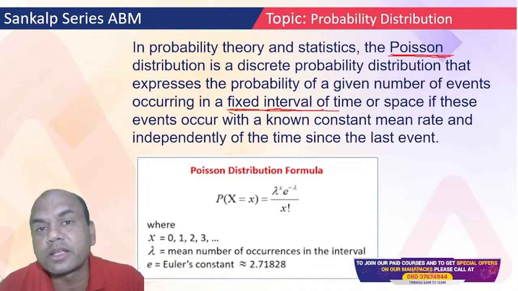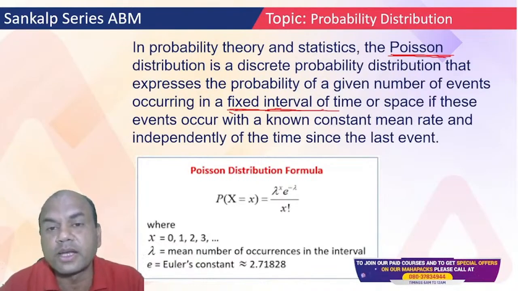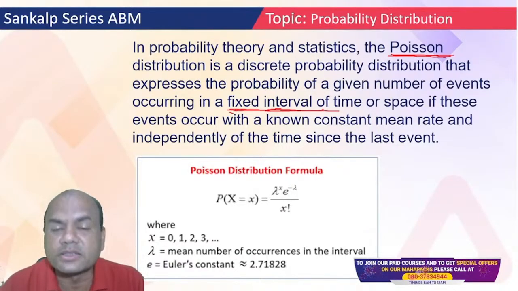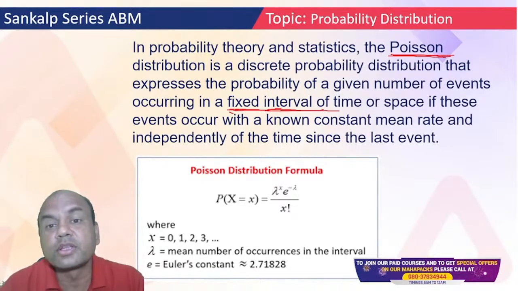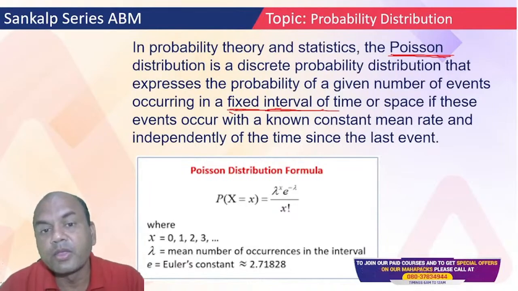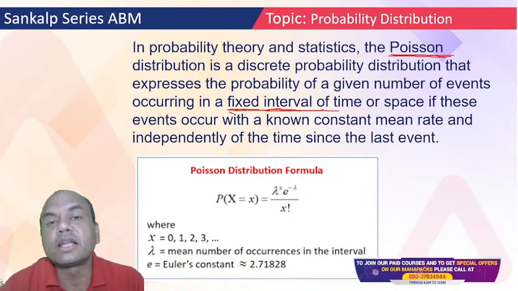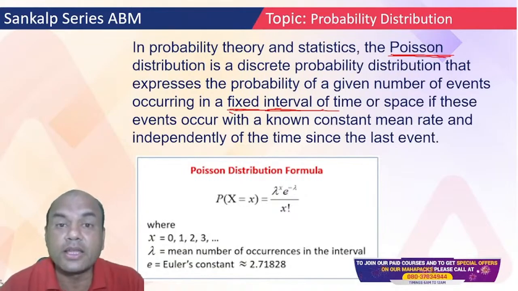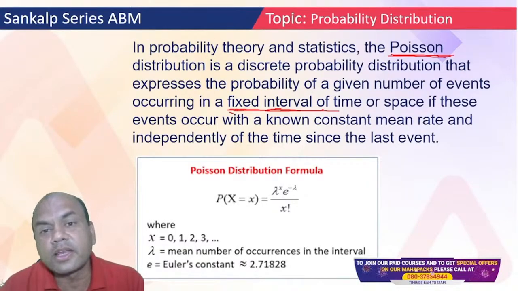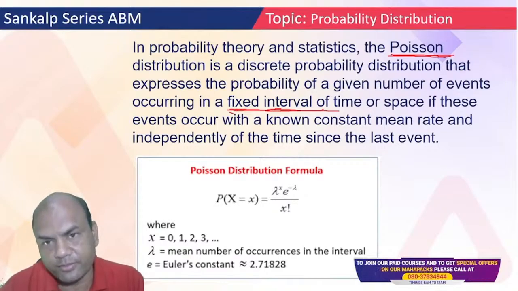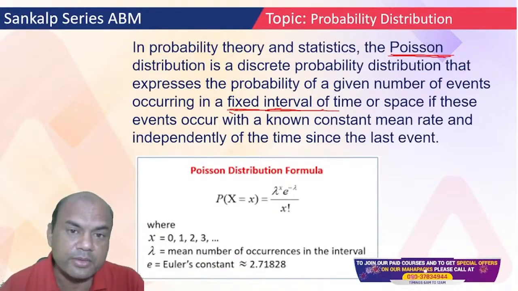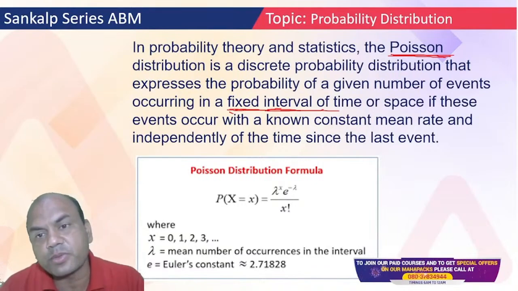Every 2 hours you are getting almost 3 patients. So this is a constant phenomenon. So Poisson will always see this constant phenomenon. For example, electricity in a city or in an area, every day 3 hours electricity is not there. So this is a constant phenomenon. When you get such problems, you understand that it's a Poisson problem.